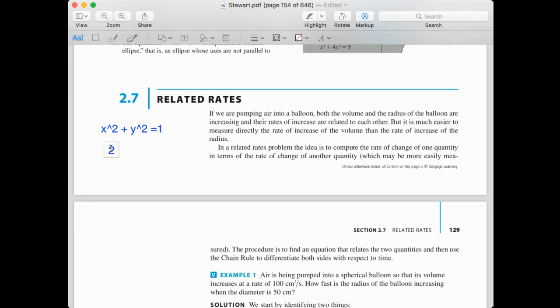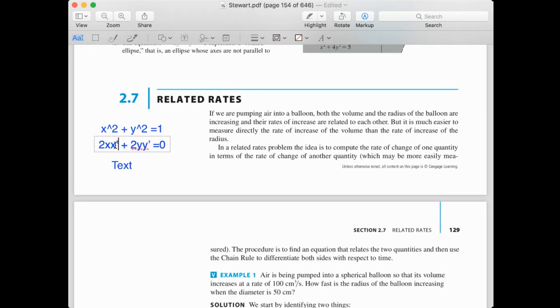If I differentiate this equation, I get 2x plus 2y y prime equals 0. Implicit differentiation. Let me go from this one.